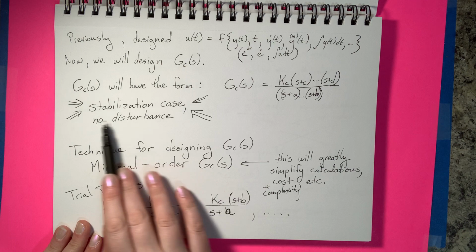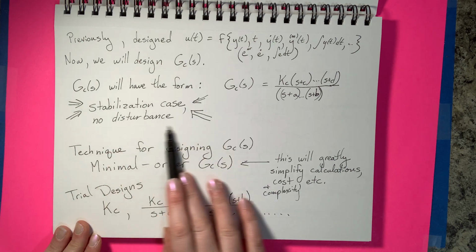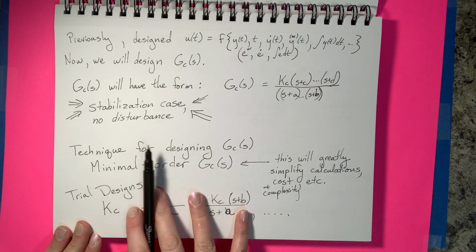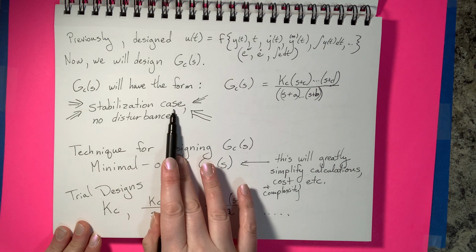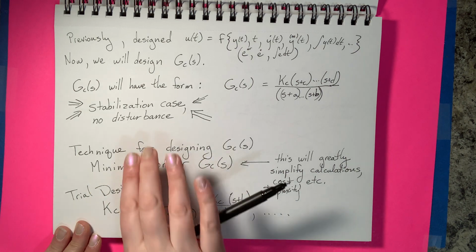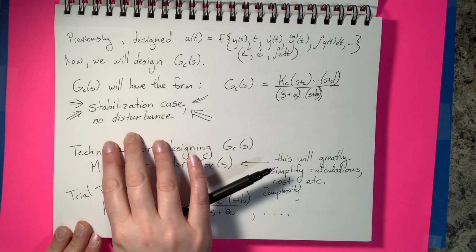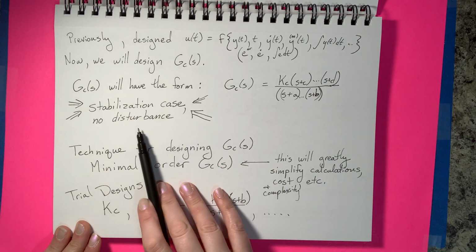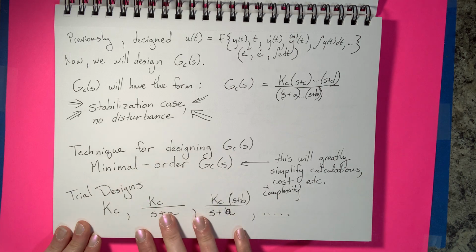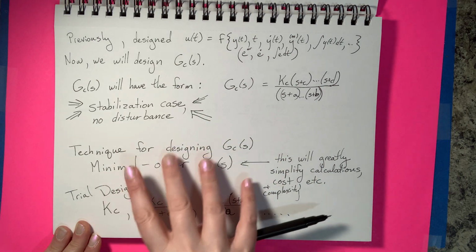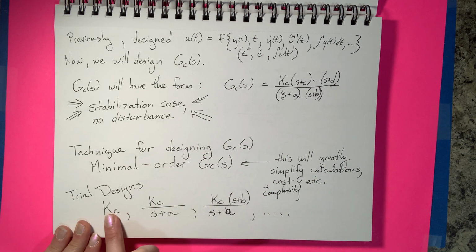Okay, I do want to make sure you know this: what we're talking about right now, this pattern we're about to discuss, is the stabilization case and no disturbance. This greatly changes the pattern every time. Okay, if you have a disturbance, your pattern will not look like this. Your procedure will be the same, but your pattern won't look the same.